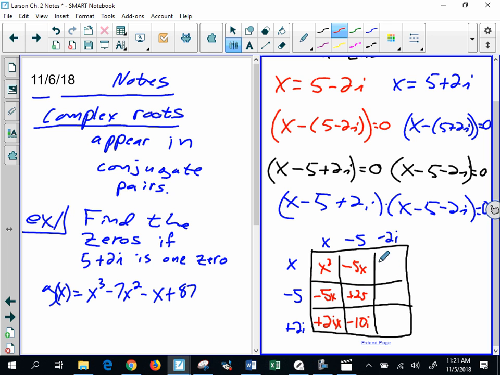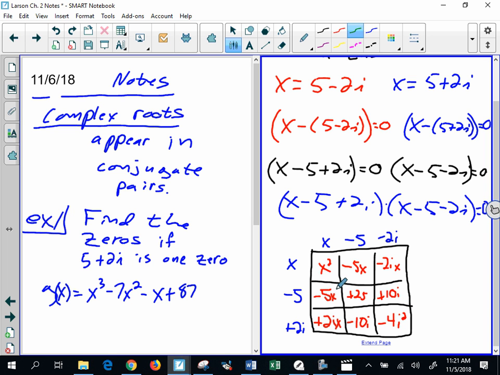And up here, I'm going to have a minus 2ix and a plus 10i. And if you're kind of following along, you can see what's going to happen. And then down here, I'm going to have a minus 4i squared. So some good stuff's going to happen for us here.